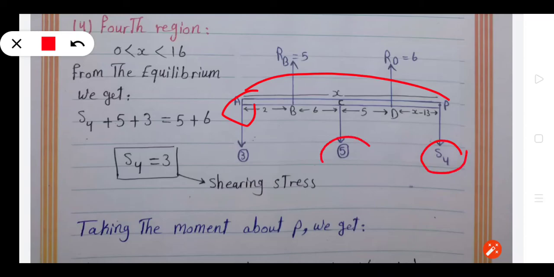We have weight 5 and weight 3 and two reactions, RB equal 5 and RG equal 6. Distance A to B equal 2, B to C equal 6, C to G equal 5, and this part is x minus 13. 13 is 5 plus 6 plus 2.